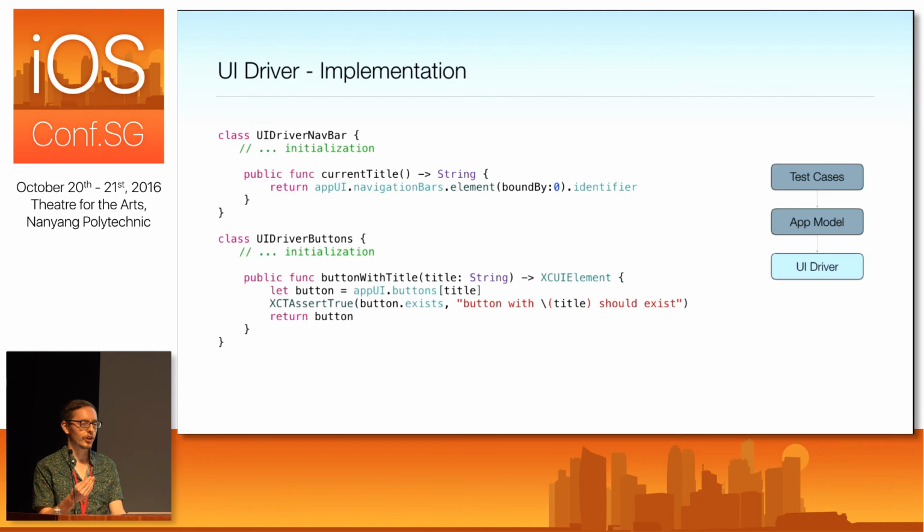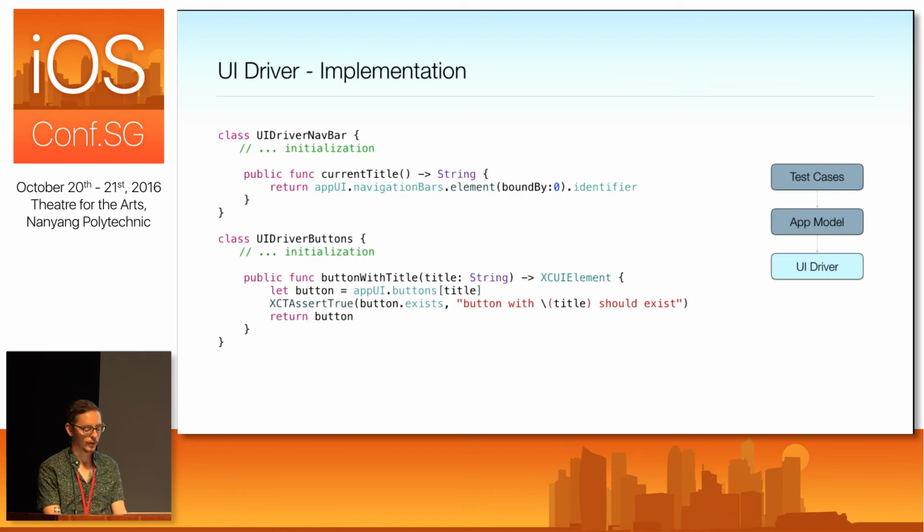And this query object is not a real reference to the button. Only when you go to use it for something will it fail to find the button. So in this case, I'm checking that the button actually exists and failing immediately, because that will run the query. It will actually try to find the button. And if the button is not there, it will fail. Otherwise, once that passes, you return the button, and you can call tap on it and use it.